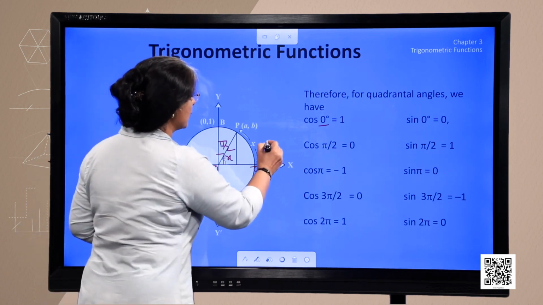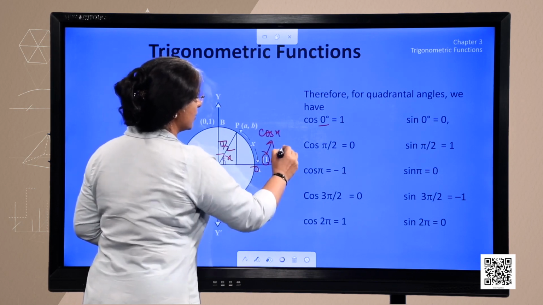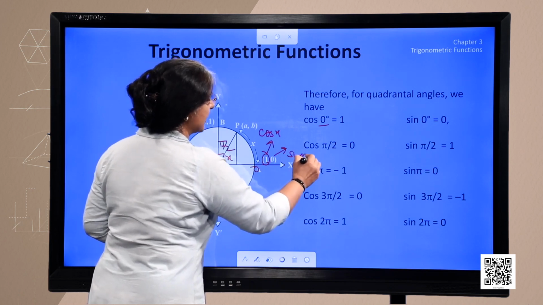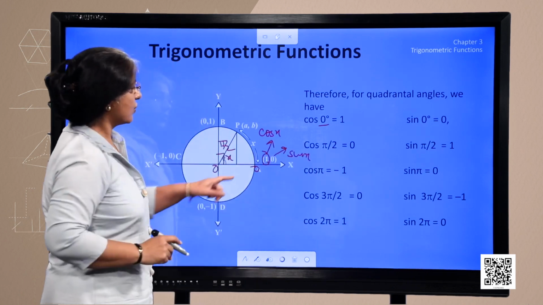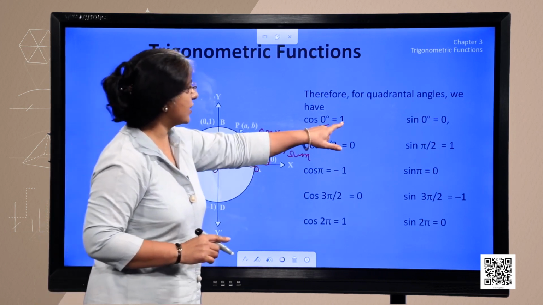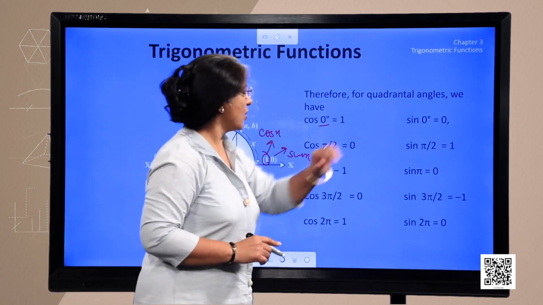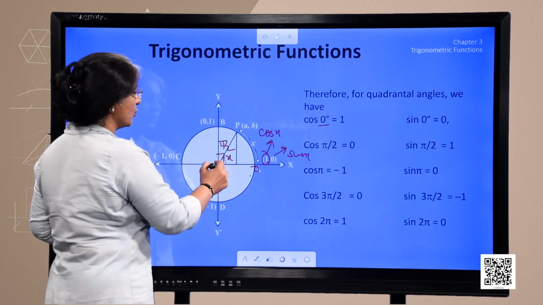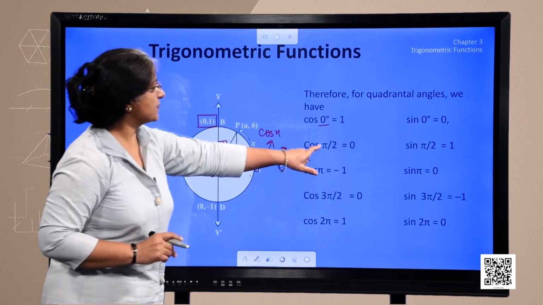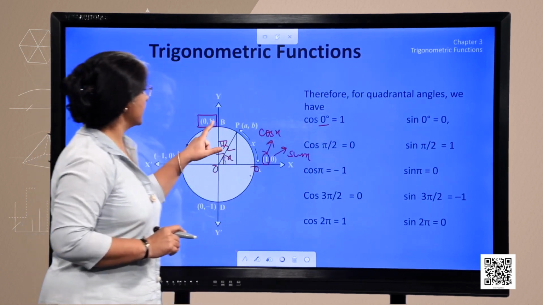The first coordinate gives the value of cos X and the second coordinate, the y coordinate, gives the value of sin X at every point. So, at angle 0, cos 0 is 1 and sin 0 is 0, and at pi by 2, cos pi by 2 is 0 and sin pi by 2 is 1.